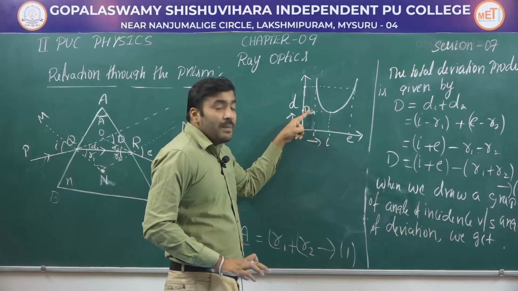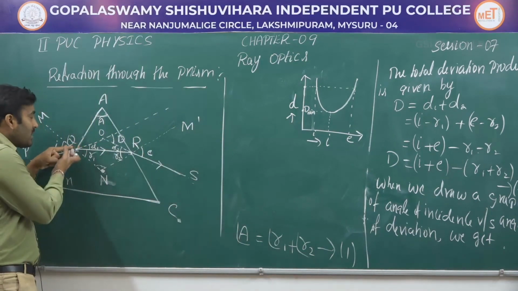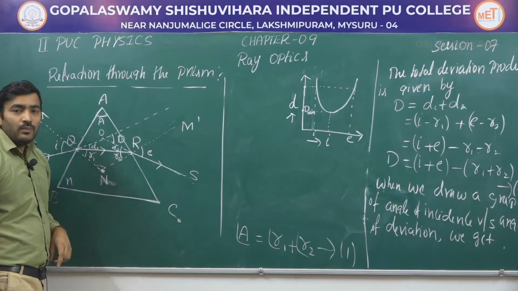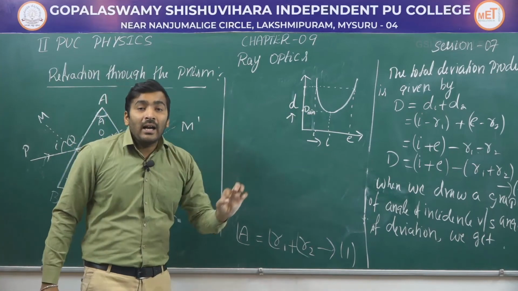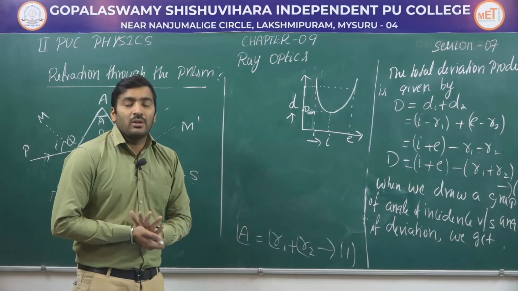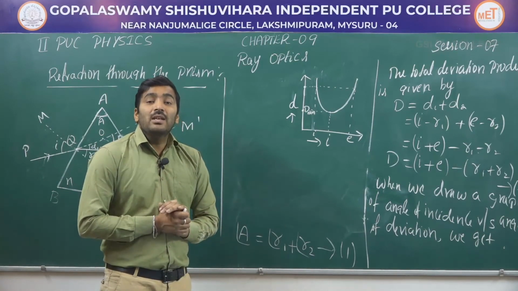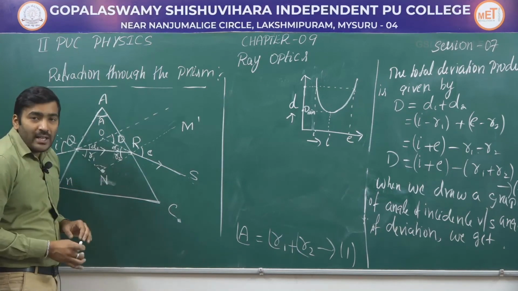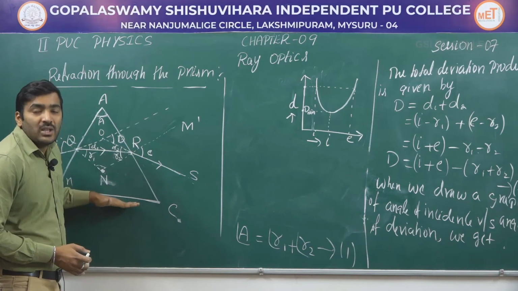So for that minimum deviation, the refracted ray passes parallel to the base of the prism, and that value of deviation is called angle of minimum deviation. What is angle of minimum deviation? Angle of minimum deviation is the deviation produced by a prism for which the refracted ray passes parallel to the base of the prism.